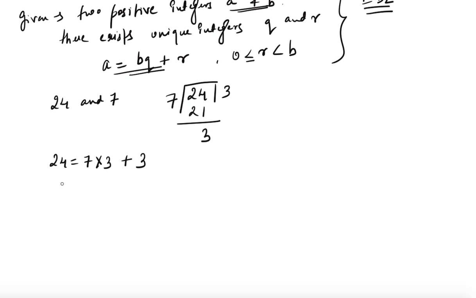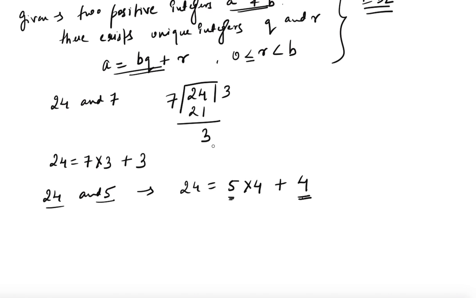Take another example. Say I have 24 and 5. I can write 24 equals 5 into 4, that will give me 20, and the remainder 4. And always remember that this 4 will always be less than the divisor 5. Agree?